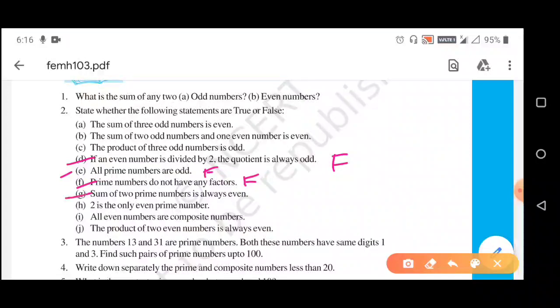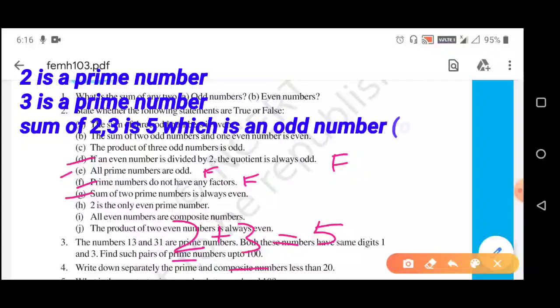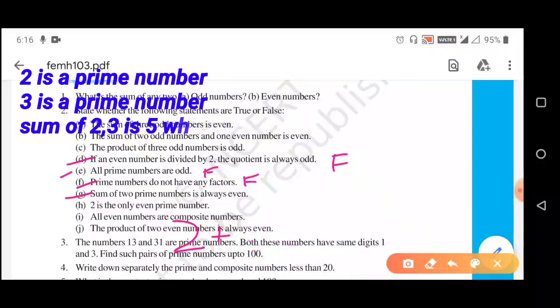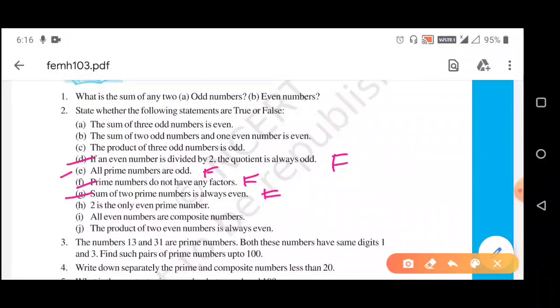The sum of two prime numbers is always even. If we add 2 plus 3, then the sum is 5. Here 2 is a prime number, 5 is a prime number. So the sum of two prime numbers, here we are getting an odd number. So it is false that the sum of two prime numbers is always even.